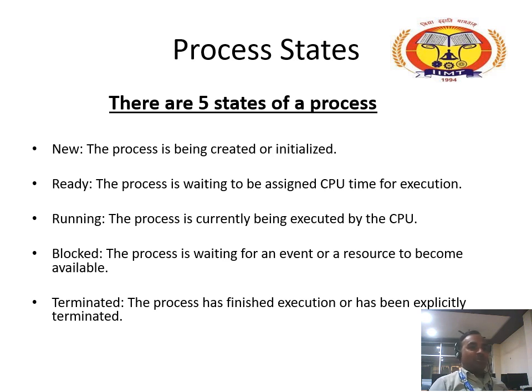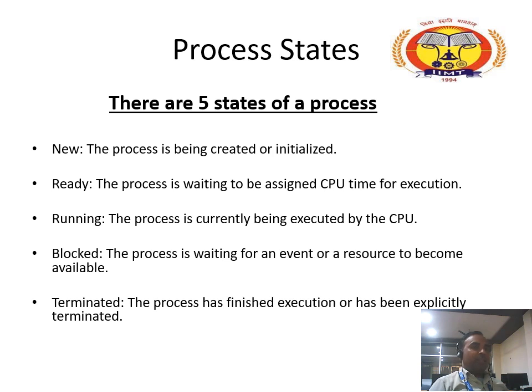And my dear students, the last state is terminate state. Terminate state means the process has completed its execution and provided the result that we wanted from the process. Clear? These are the 5 states.